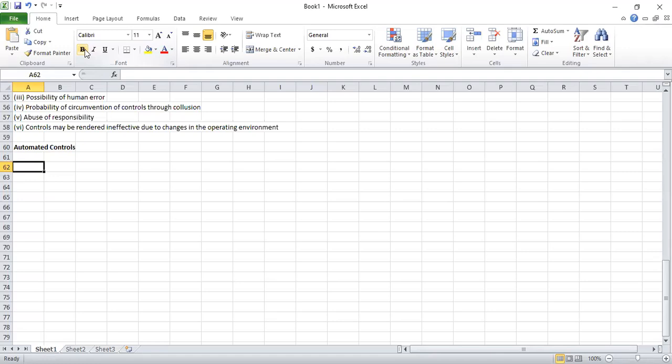Right? When you come to automated controls, controls are divided into general and application controls.